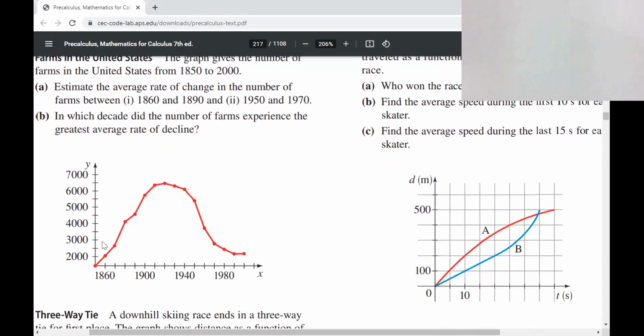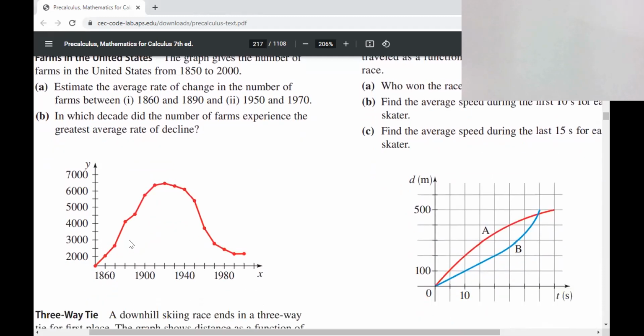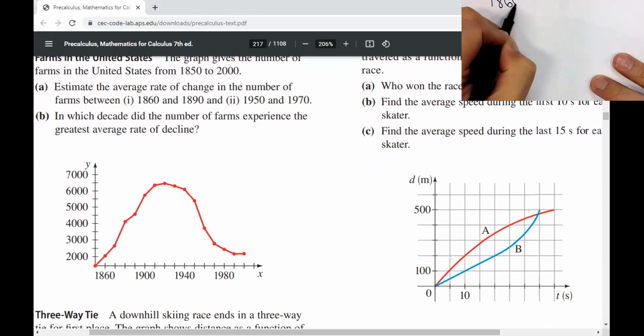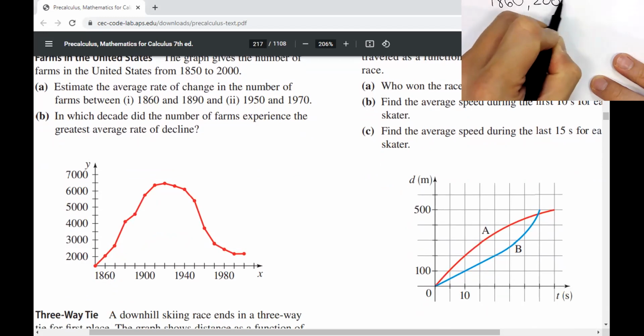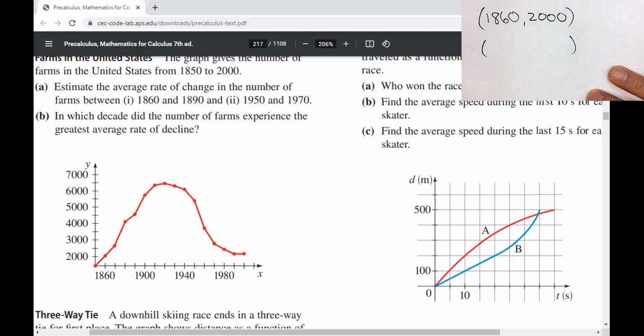Okay. 1860 has about 2,000 farms, right? So we have a point of 1860, comma 2000. And we have another point, 1890. Well, 60, 70, 80, 90, yep.